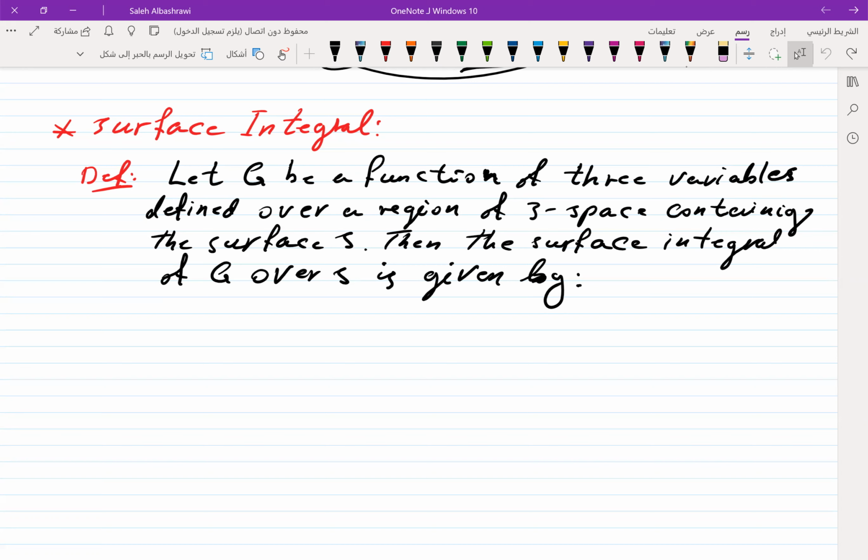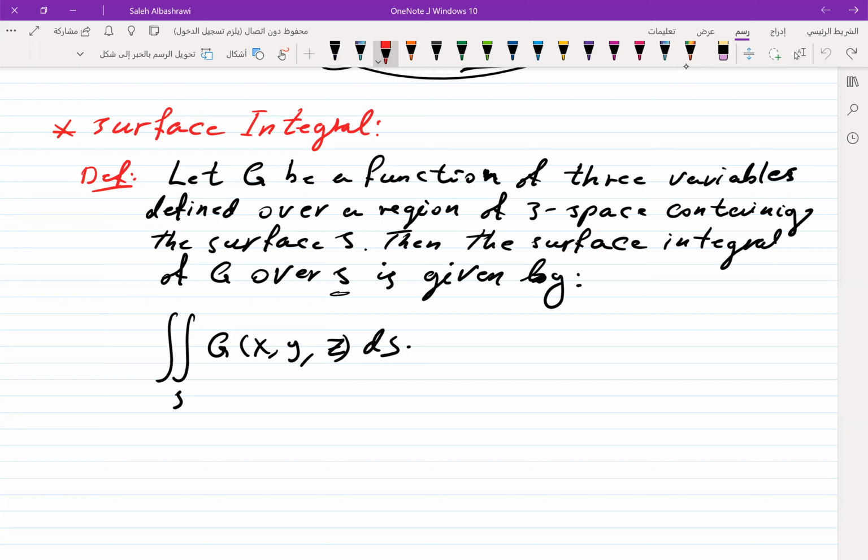So let G be a function of three variables defined over a region of 3 space containing the surface S. Then the surface integral of G over the surface S is given by the double integral over S of the function G(x,y,z) dS.